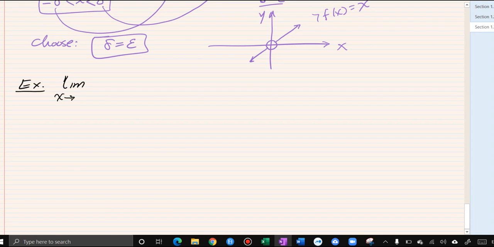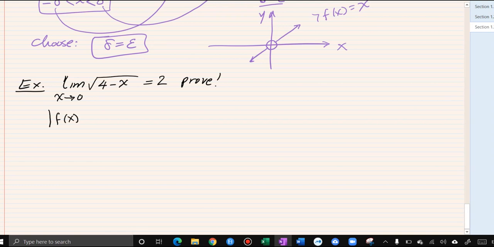So let's say we want to show that the limit as x approaches 0 of the square root of 4 minus x is 2. X is 0, square root of 4 is 2. We want to prove that the limit is 2. Remember, in order to prove, we need to find the delta in terms of epsilon.